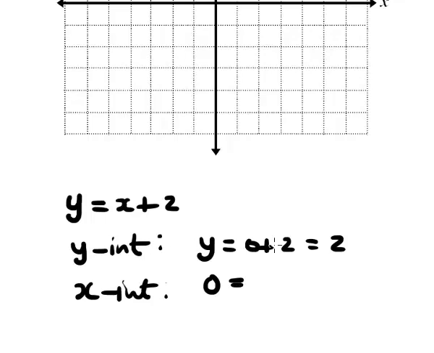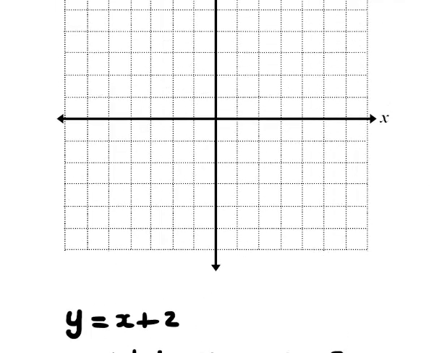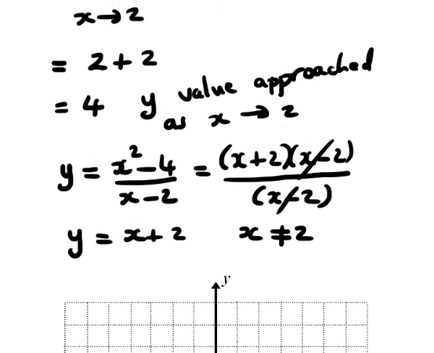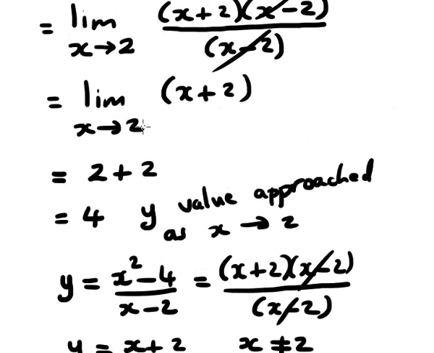So 0 is equal to x plus 2, so minus 2 is equal to x. So what is happening here? The graph is cutting the y-axis at 2 and the x-axis at minus 2. And what is going on? There's something very interesting that's happening at x is 2.